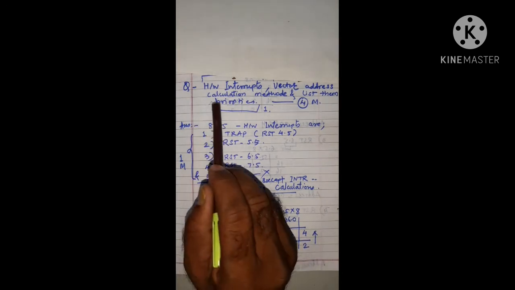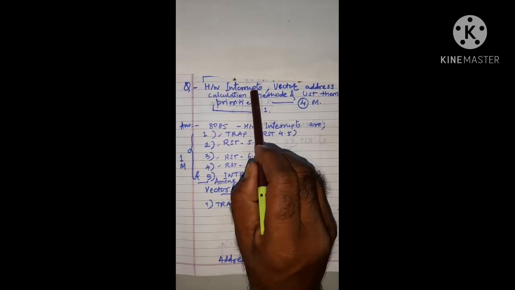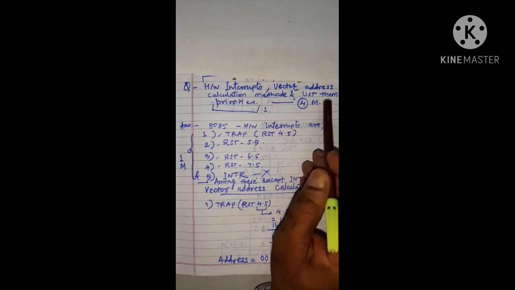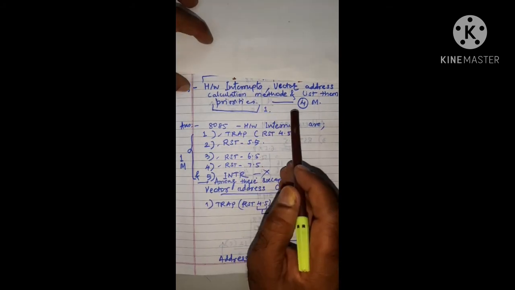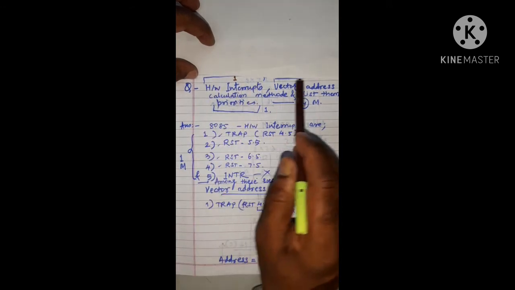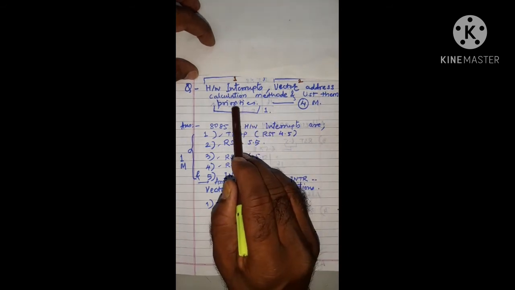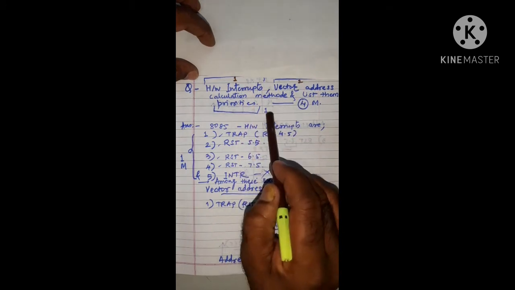In this question, maybe for 4 marks, we have to list hardware interrupts, determine their vector address calculation method, and list them according to priorities. These 4 marks are distributed: 1 mark to list hardware interrupts, 2 marks to calculate vector addresses, and 1 mark to list according to priorities.